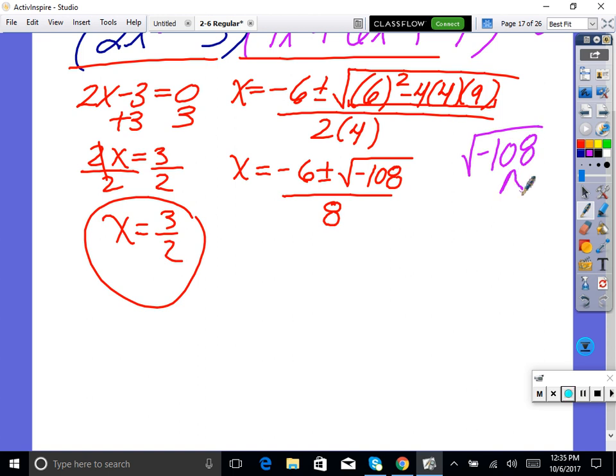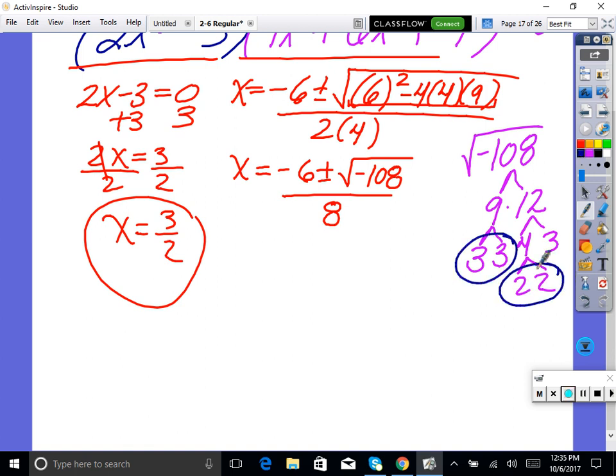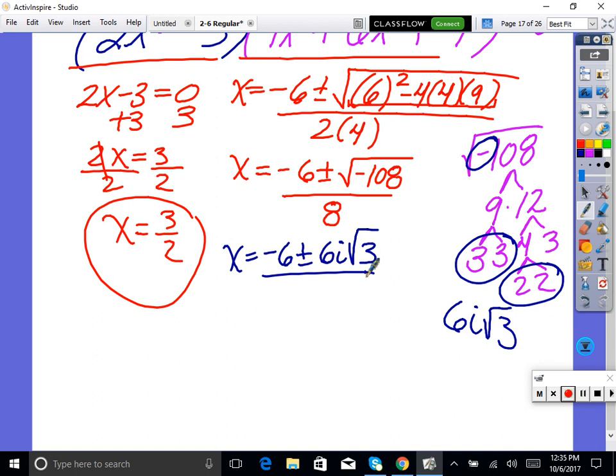So then 9 and 12, 3 and 3, 4 and 3, 2 and 2. So I'll pull out a 3, I'll pull out a 2, I'll pull out an i. 6i. Okay, so we have x is equal to -6 plus and minus 6i root 3 all over 8.